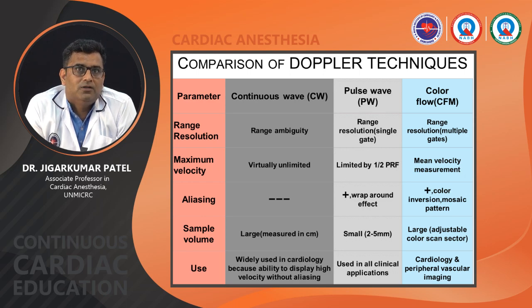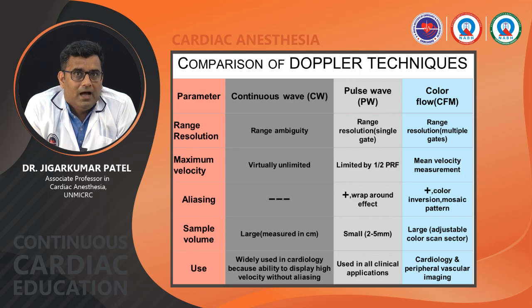Similarly, maximum velocity you will get with continuous wave, which is virtually unlimited, but in pulse wave it is limited by half of the sampling rate. And in color flow you can get only mean velocity. Aliasing does not occur in continuous wave, but in pulse wave it is shown as a wrap around effect, and in color flow you see it as color inversion and a mosaic pattern.